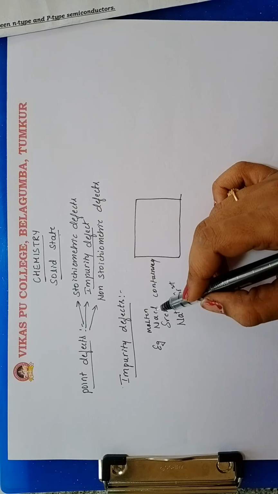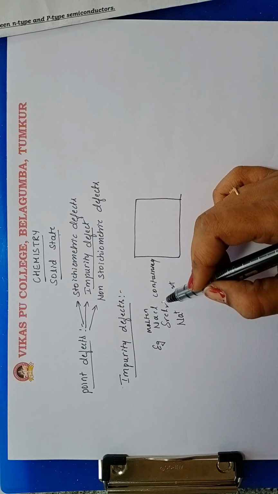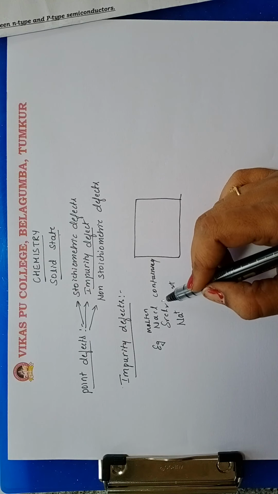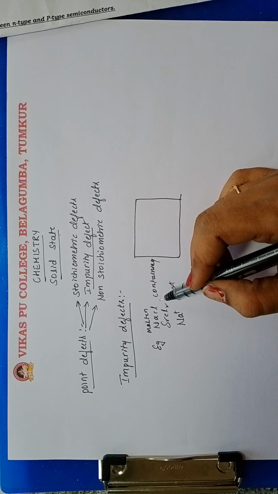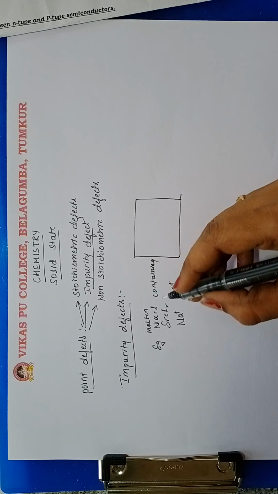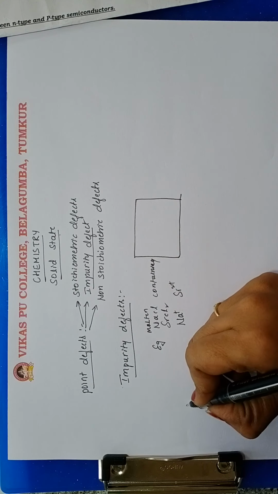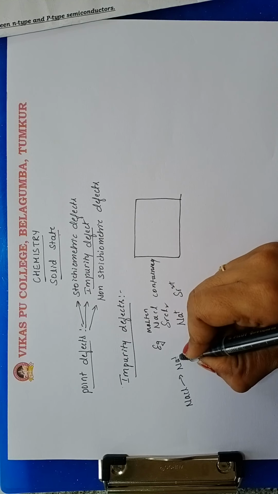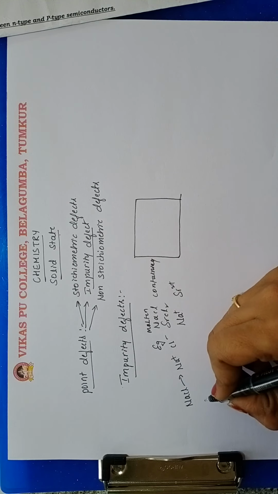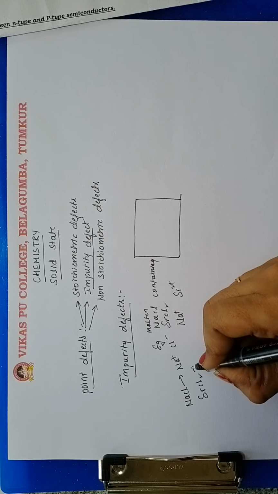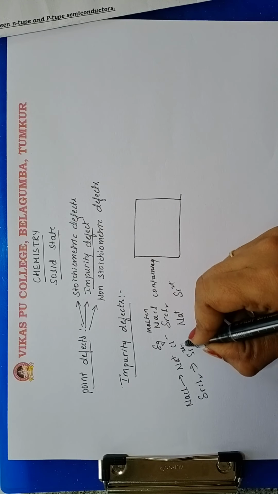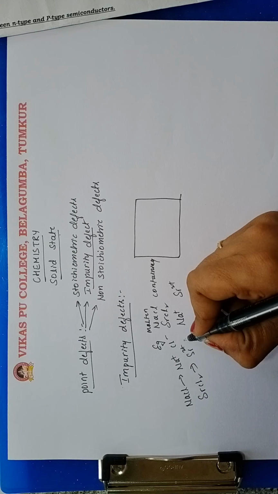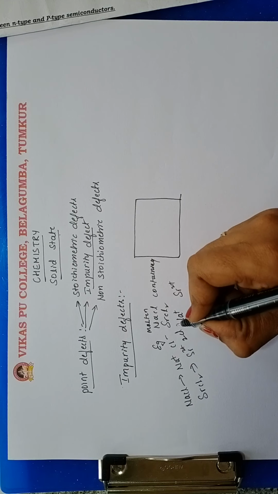When it is allowed to cool, during crystallization, the compounds are present as ions: Na plus, Cl minus, and for SrCl2, Sr2 plus and 2Cl minus.